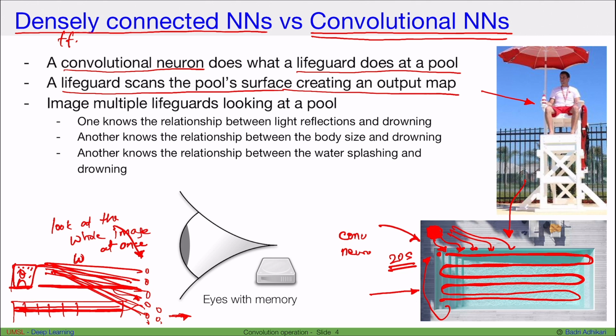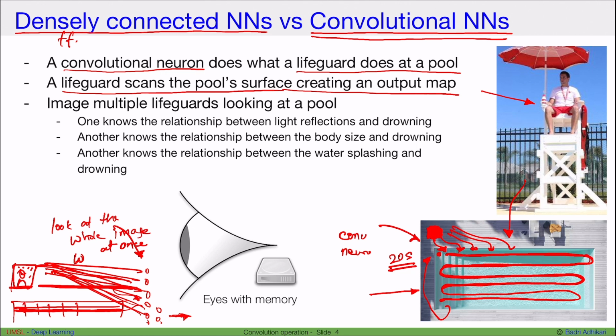So this is more like a tiny neuron with very few parameters that can do a really big thing, scanning an entire image. And this is what makes a convolutional neural network very different from a regular feed-forward neural network.